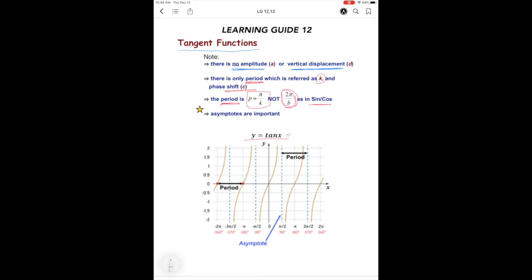Number one, tan is really the ratio of sine of x over cosine of x. So by understanding the sine and cosine wave, we can get a good picture of what the tan function will look like. So I'm going to draw in the sine function.